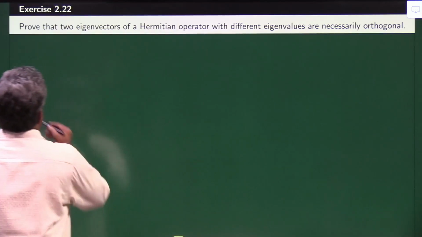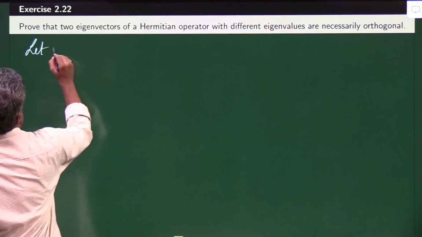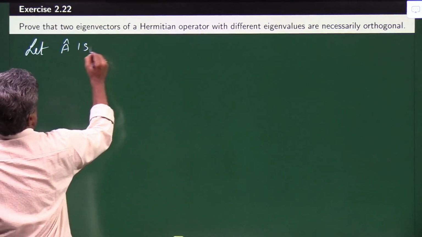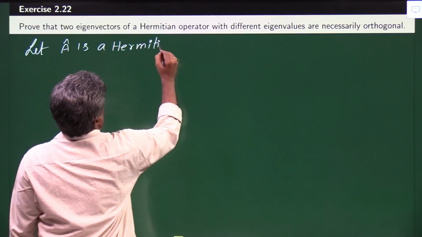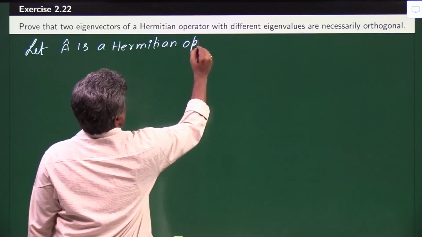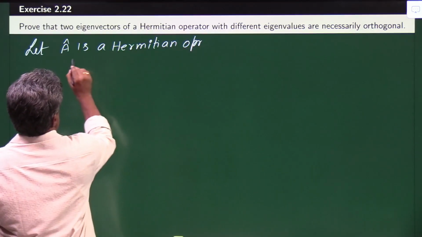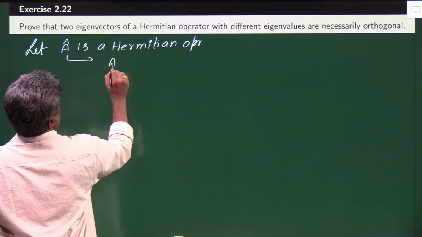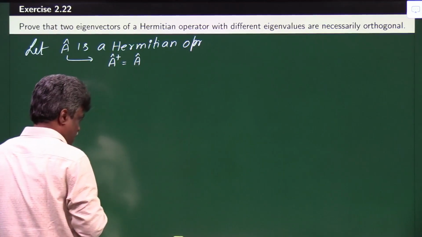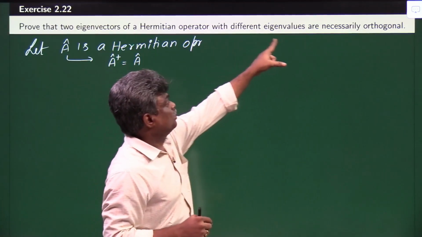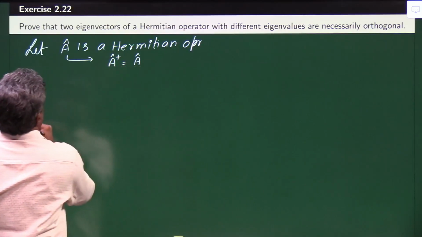Let us suppose A is a Hermitian operator. So what is the meaning of this? A is a Hermitian operator means A dagger equal to A, right? Next we have to define two eigenvectors.